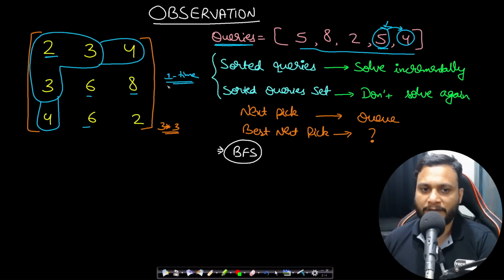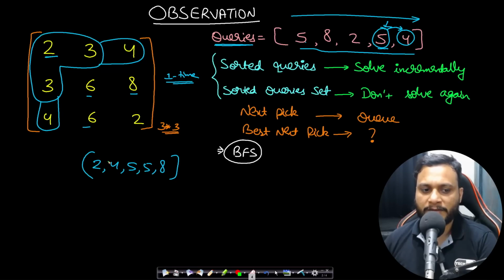No more than one time. If I solve these queries in random order, it will not be achievable. Instead, I will sort this entire set of queries. So we have 5, 8, 2, 5, 4, and I can just sort it as 2, 4, 5, 5, 8. So these will be the queries.